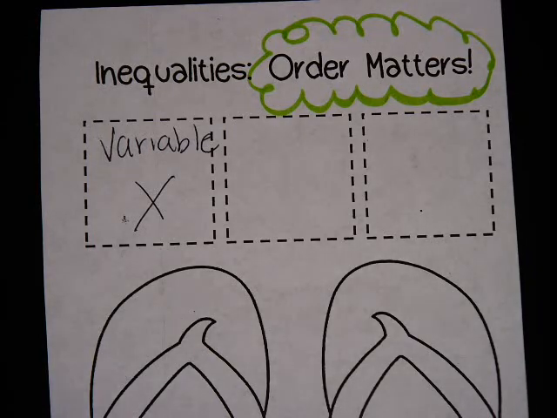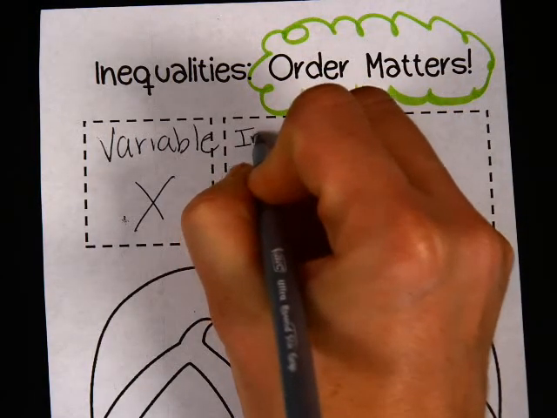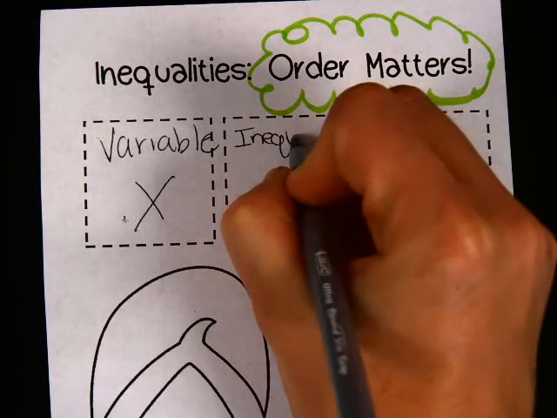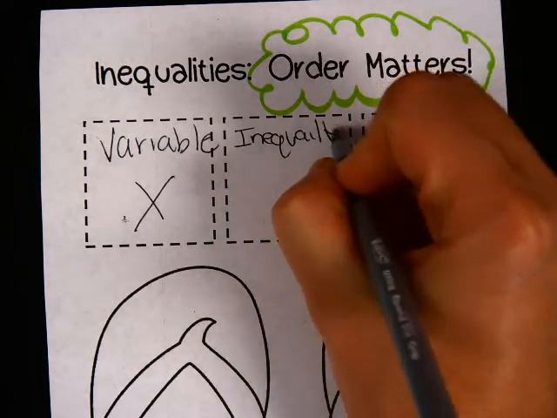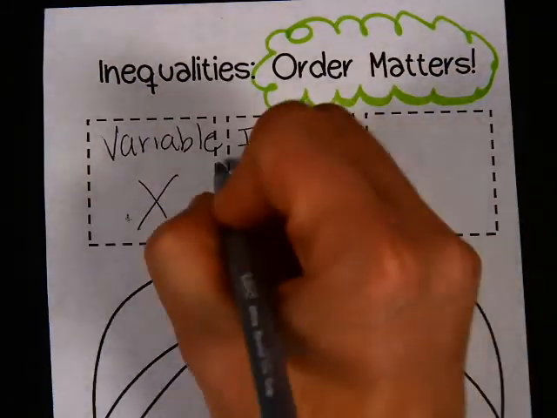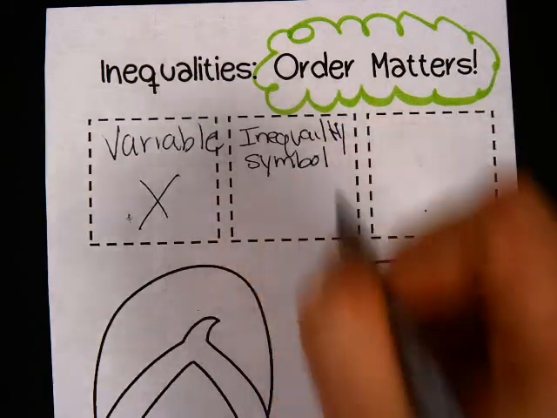We were using P when we were dealing with the princess game. It doesn't really matter what your variable is, but it's your letter. And then you're going to have your inequality symbol. We talked about those yesterday. There are 4 types of these.